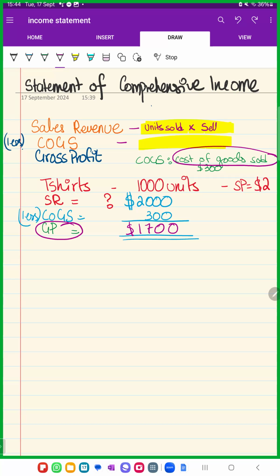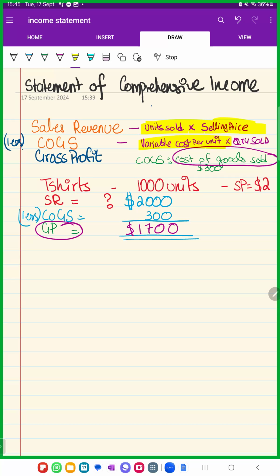Sometimes we don't know what the cost of goods sold is. It's not clearly given, so sometimes we have to calculate it. So how do we calculate the cost of goods sold? It's your variable cost per unit multiplied by the quantity.